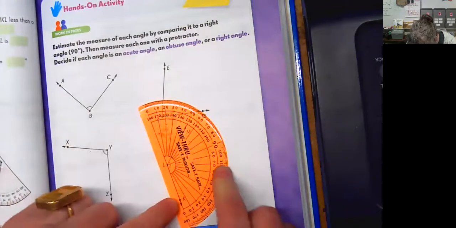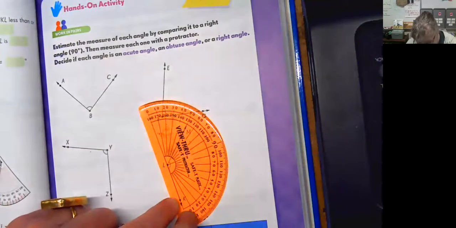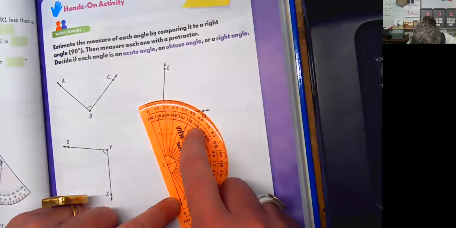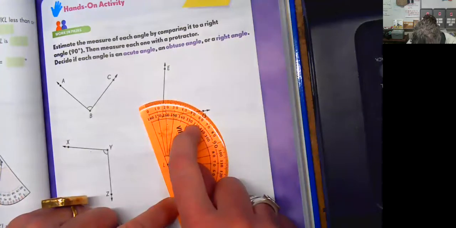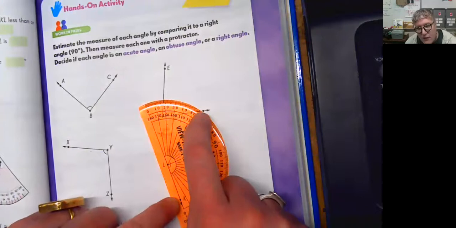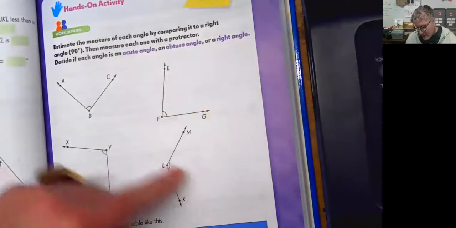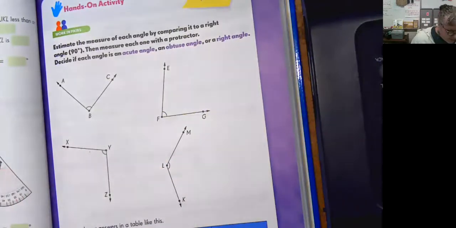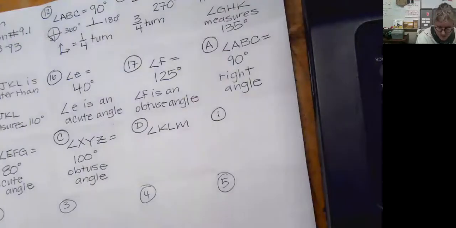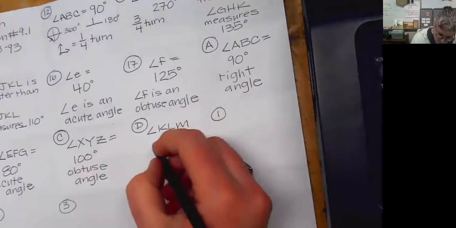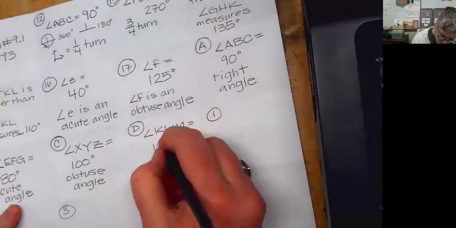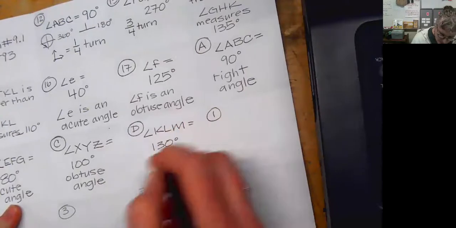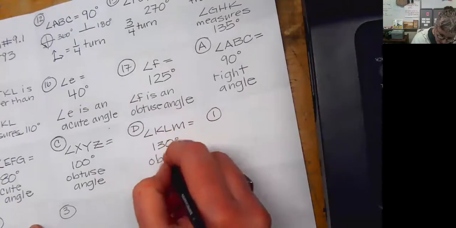I start at 0. I'm on the inner scale because I'm starting at 0, and I'm going to zip over and it looks like it's 130 degrees. If you look on the outer scale, it says 50 degrees. I know this isn't a 50-degree angle because it's way past 90, right? So it is actually 130 degrees. And that means it's an obtuse angle.